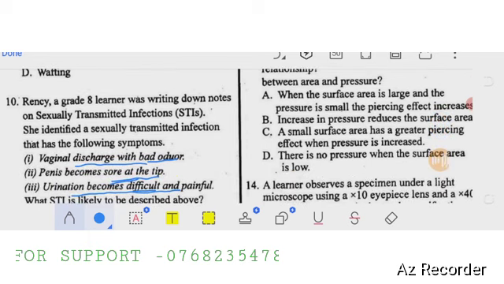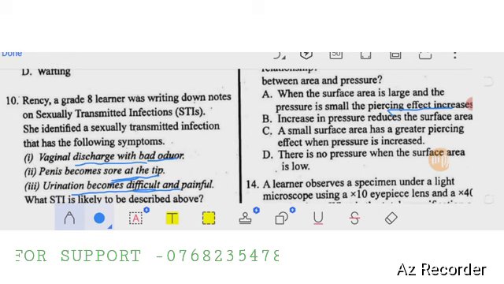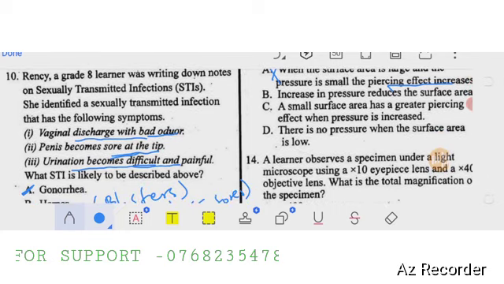So let's read. When the surface area is large and the pressure is small, the piercing effect increases. It doesn't increase because the pressure is small, so the piercing effect will never increase. So this one is wrong. Increase in pressure reduces the surface area.